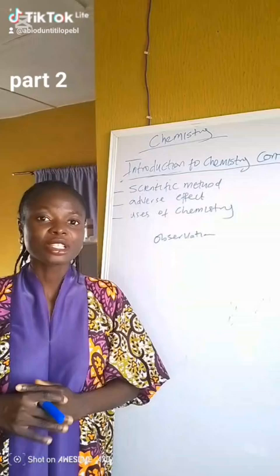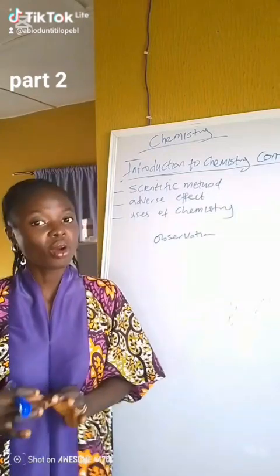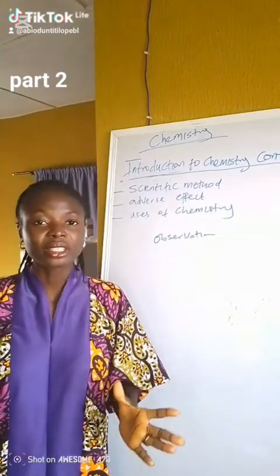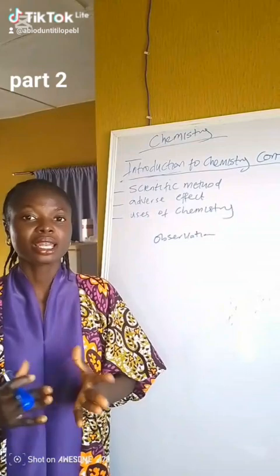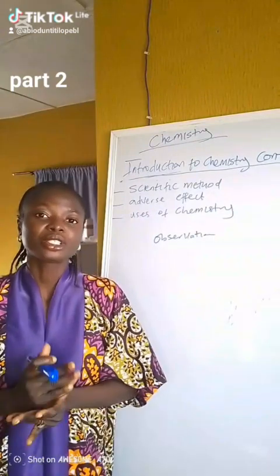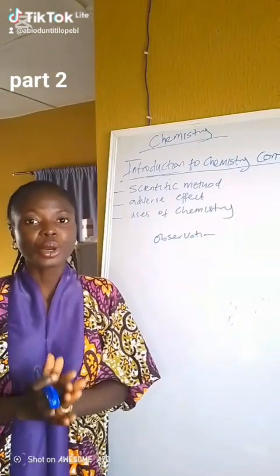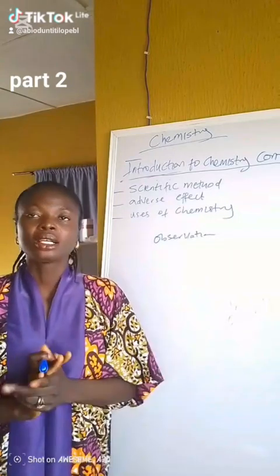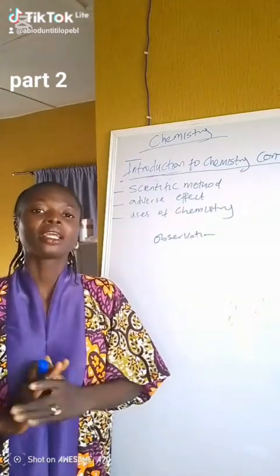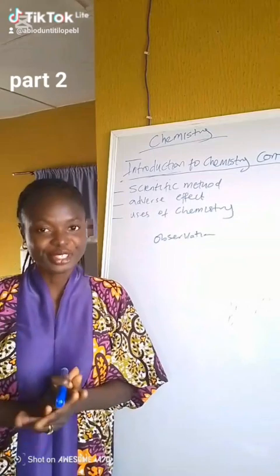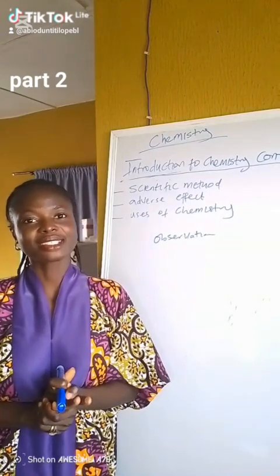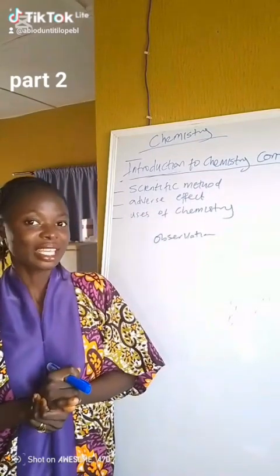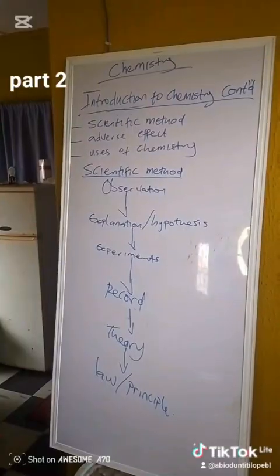During or after the experiment, they record. After recording the observations in the laboratory, they come up with a theory. And after the theory has been proved right, they propound a law or principle. That is all you need to know about the scientific method.